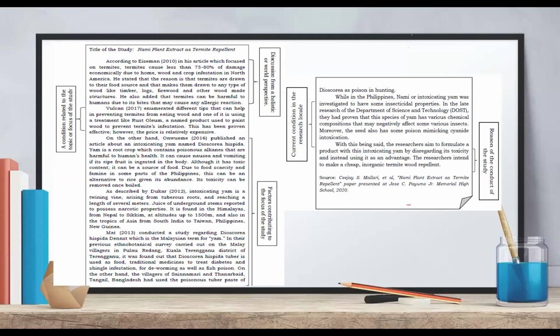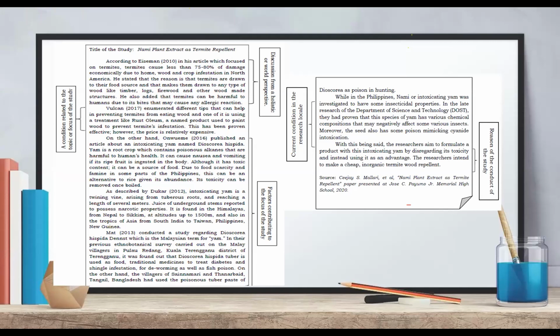So in this case, from the general topic of termites, it then created a condition, meaning a condition related to the topic or focus of the study. What is this condition? That termites can be prevented, or there is a treatment.